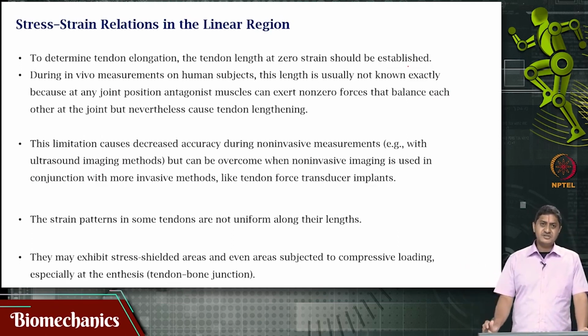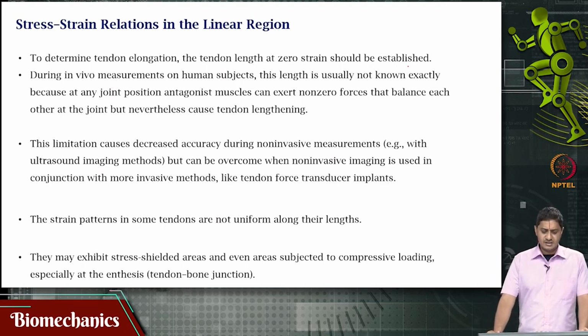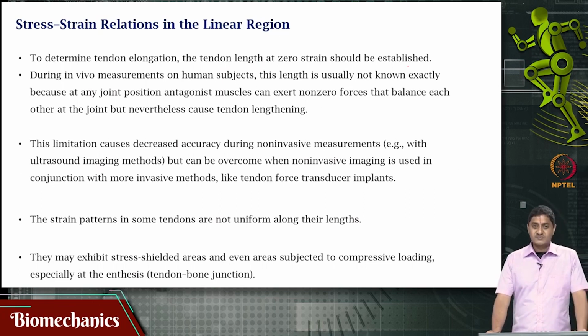Now, if I am interested in finding the elongation of the tendon, I need to first find out the length of the tendon at 0 strain. When there is no strain, what is the length of the tendon? This is not very easy to find in human participants, because at any joint position usually there will be an action of the antagonist.